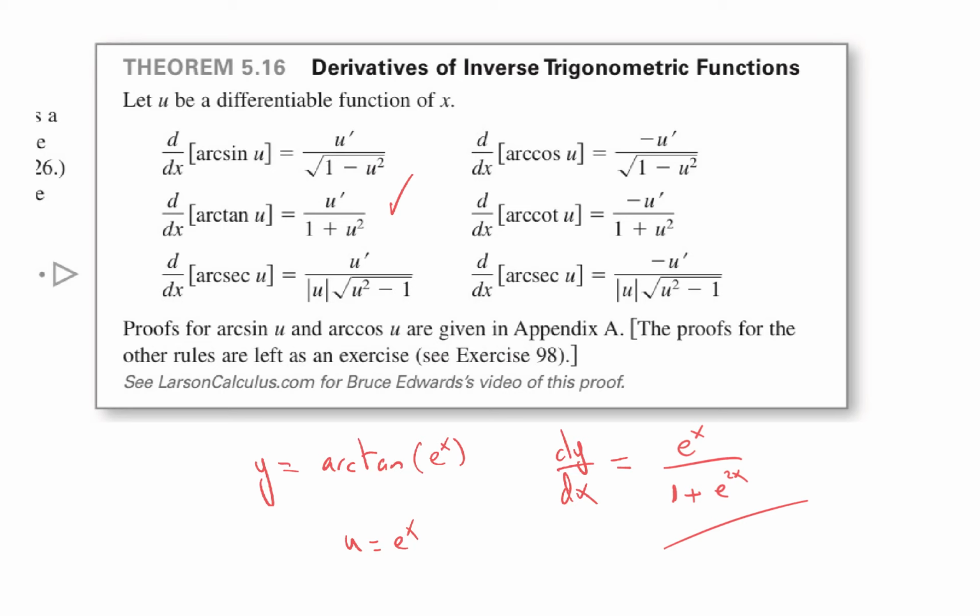But it is difficult to memorize these things. I always get, well, let's see it. This is u prime over the square root of 1 minus u squared for the arcsine. For the arccosine, it looks like it is the same expression with the minus sign. It means that at the point u, if the slope of one is positive, let's say plus 2, then for the other at the same point u the slope is negative.